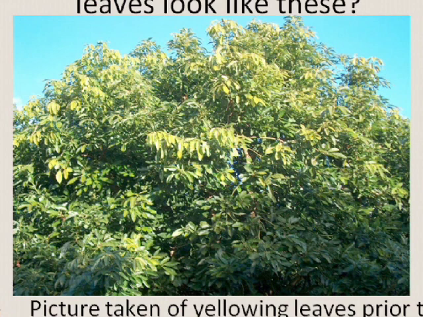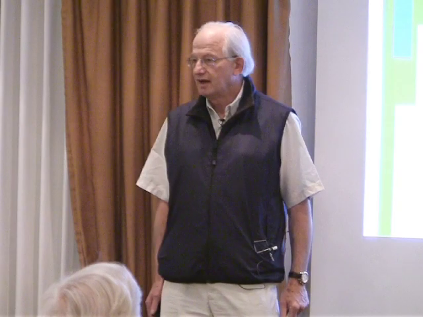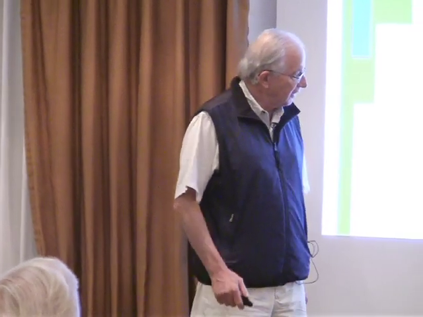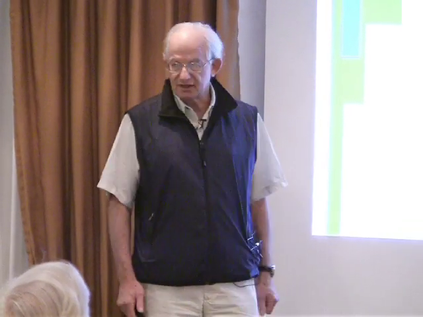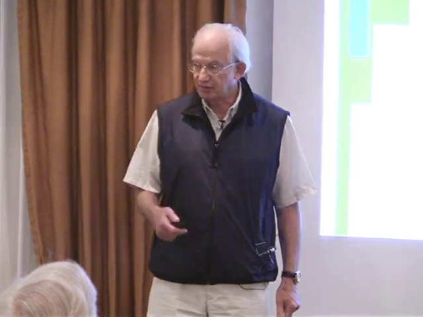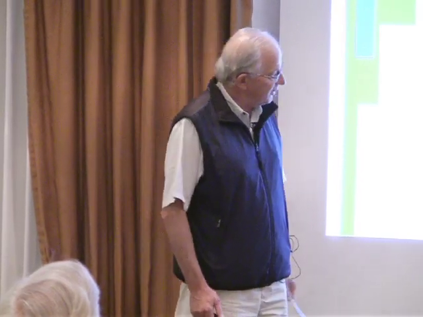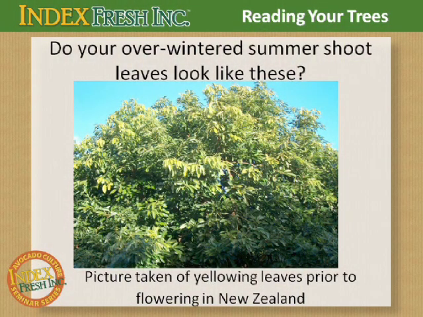And this is the sort of condition that we don't want, because in New Zealand, it is more difficult for us to gather the sorts of starch needs we require, because starch accumulates in the winter, and our winters are wet, they are cool, there is less sunlight because there's a lot of rain. And so it's harder for us. So trees like this are not in good condition, and we would much prefer to have green trees.